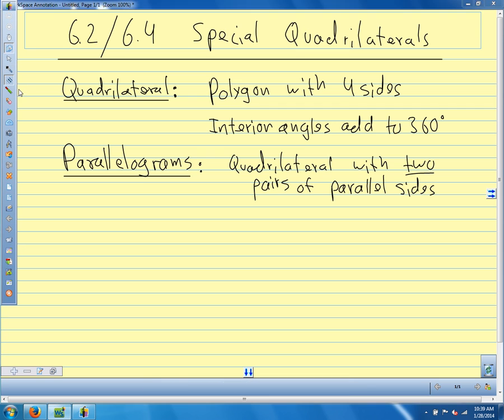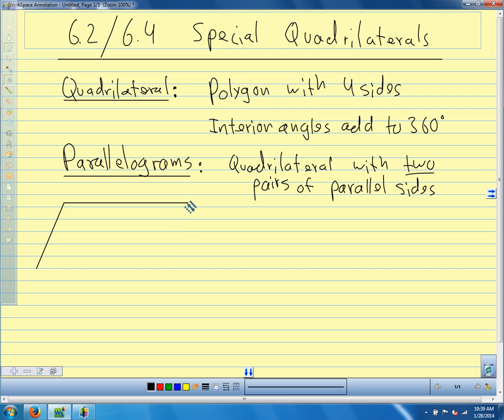So on your picture, we're going to add a lot of information to each of these shapes. So I don't know that we can draw all the different pieces that we're going to talk about, but on this one we definitely can draw that our sides are parallel. So our parallelogram, we're going to have this side parallel to that side, and that side parallel to that side.